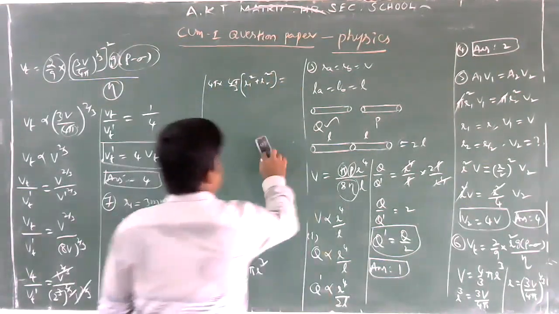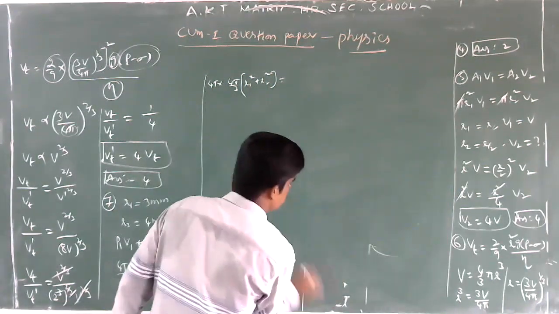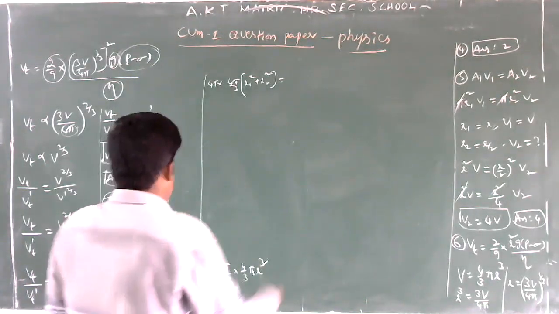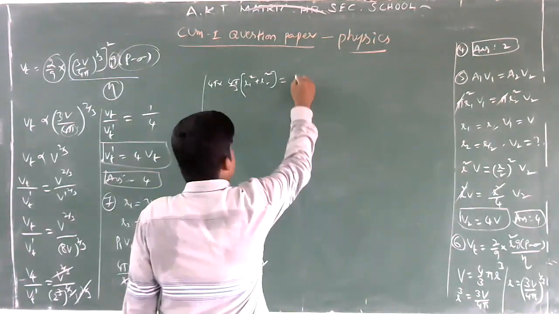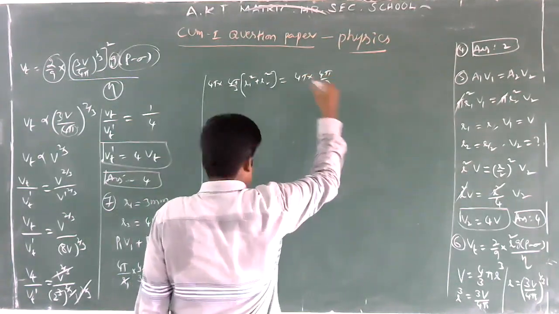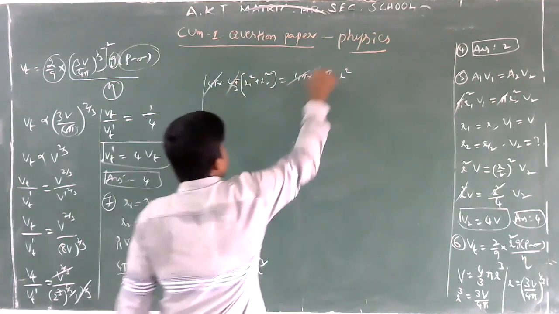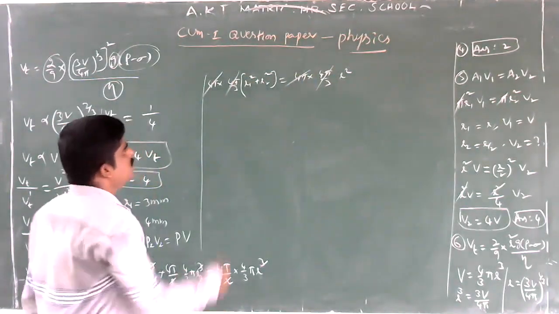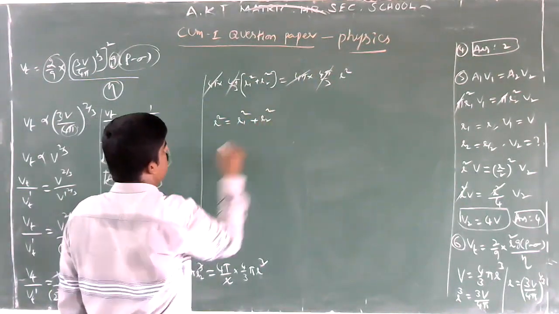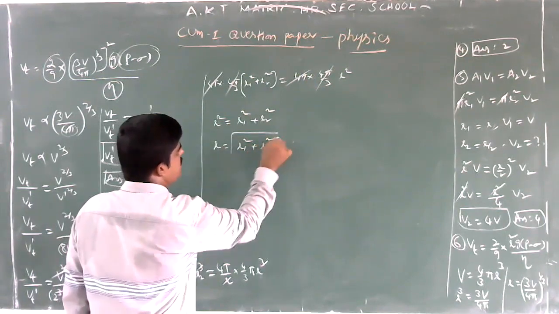For the right hand side also, remaining 4T into 4 pi by 3 into R square. Both sides 4T and 4 pi by 3 get cancelled. So remaining R square is equal to R1 square plus R2 square. R is equal to square root of R1 square plus R2 square.